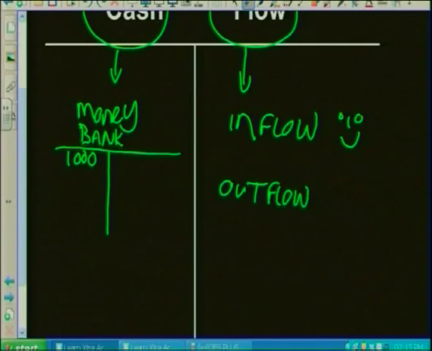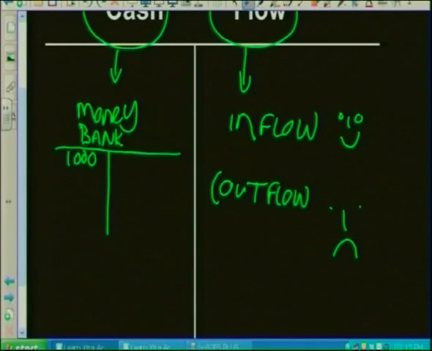We're not very happy with an outflow of cash, and that is why when we are completing the cash flow statement, you will find that we normally show the outflow in brackets.